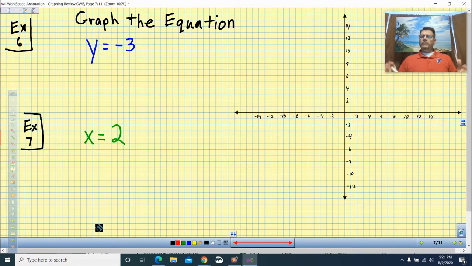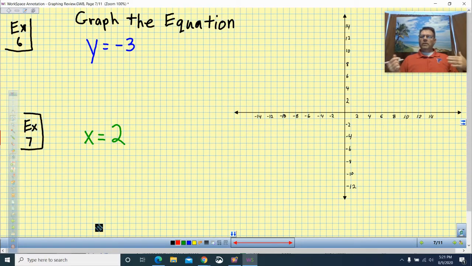Well, let me give you a hint. It says graph the equation. It's context, folks. If you're in a situation where you're talking about graphing, it's a good chance it's a graph of a straight line. And when it's y equals or x equals, it's either going to be a horizontal line or a vertical line.